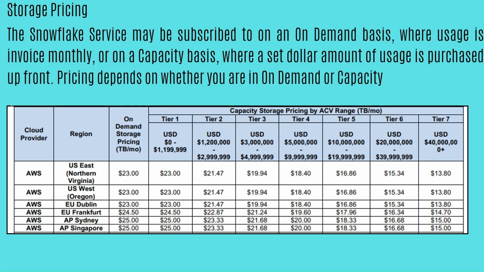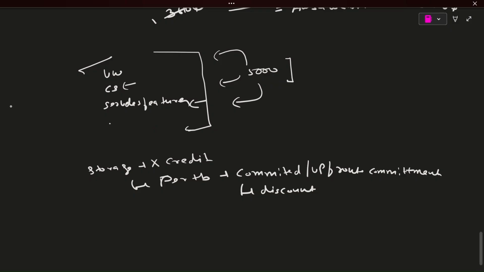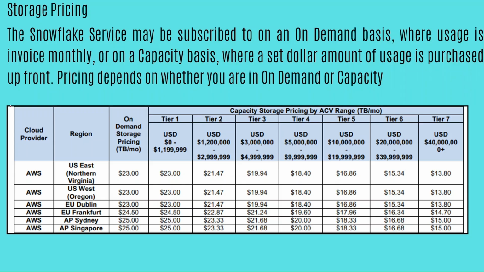See, this is our on-demand pricing. Can you see the third column? On-demand storage pricing. So this $23 is the on-demand pricing, right?